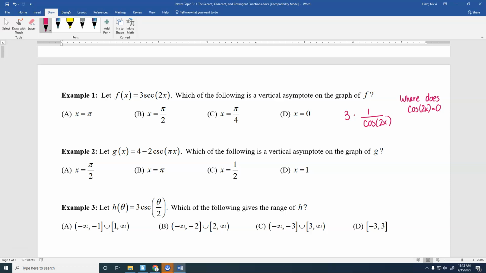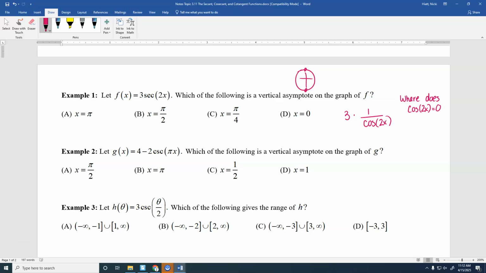For regular cosine, where does cosine equal 0? In that unit circle, pi over 2, 3 pi over 2, right?